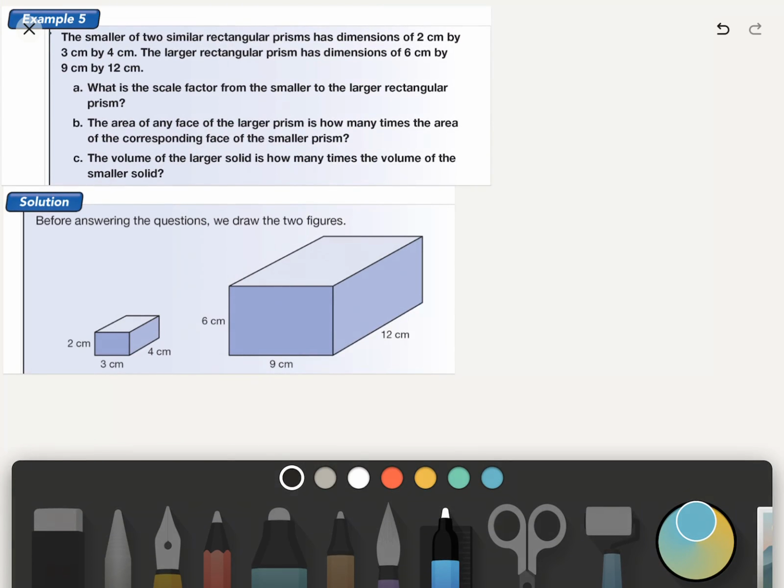Okay, example 5. So a lot of steps, but none of them are really that tricky. Also, a cool thing is this totally reminds me of the Size of Life video, in a nutshell.